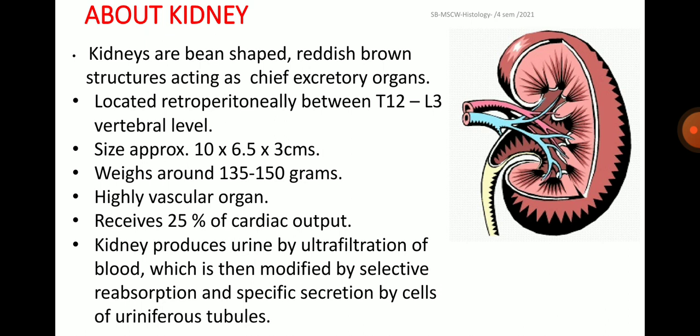Then after mentioning about the size and weight, we can always mention that these are highly vascular organs and receive 25% of cardiac output. Approximately 1200 ml of blood each the kidneys receive for the process of filtration per minute.